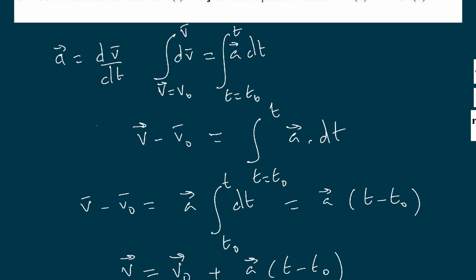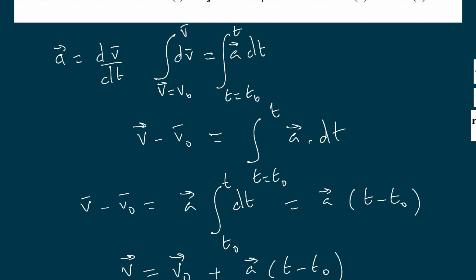Now let's go to plugging numbers to find the vector velocity. The problem says that at t equals 0, so we choose t0 equals 0, the initial vector velocity is 0, and the position is 0.